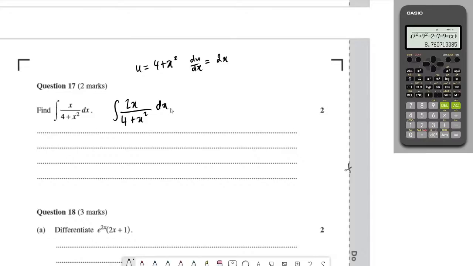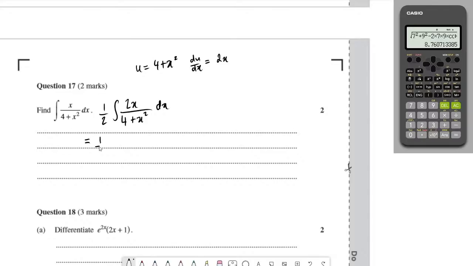And what I'm going to do now is also multiply the function by the reciprocal of that too, so 1 over 2. So what this is effectively doing is I'm multiplying the function by 2 over 2, which is just 1. So it's still the same size, and it's going to give me the same value, but what it allows me to do is to integrate this with much more ease.